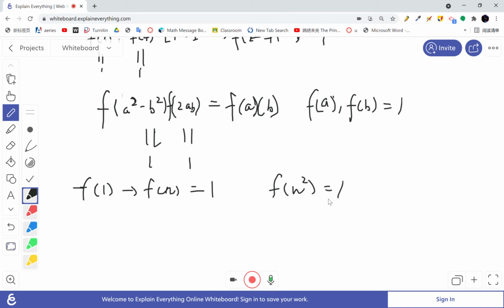And then f of n plus 1 is equal to what? So n plus 1 squared is equal to n squared plus 2n plus 1.